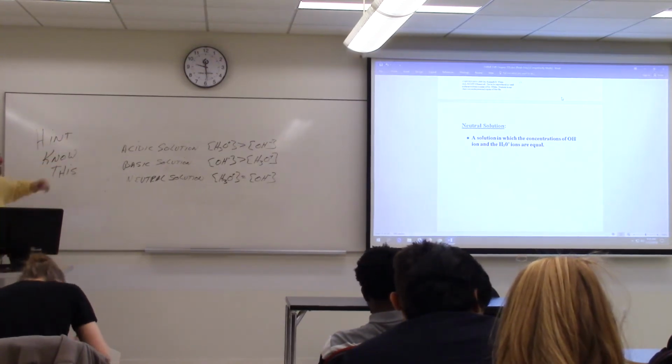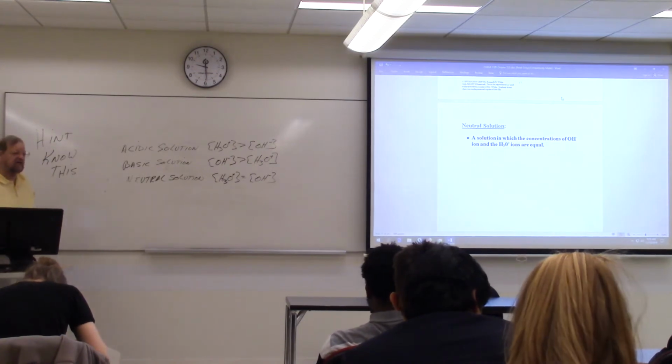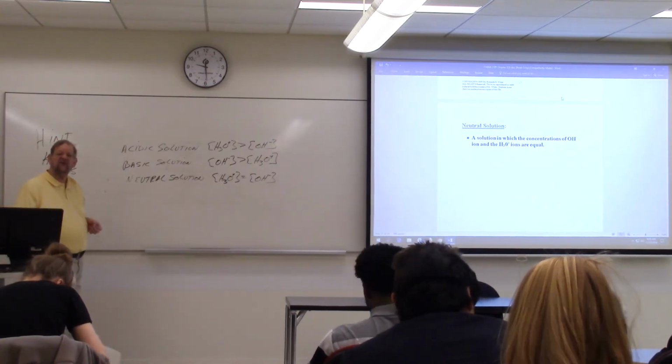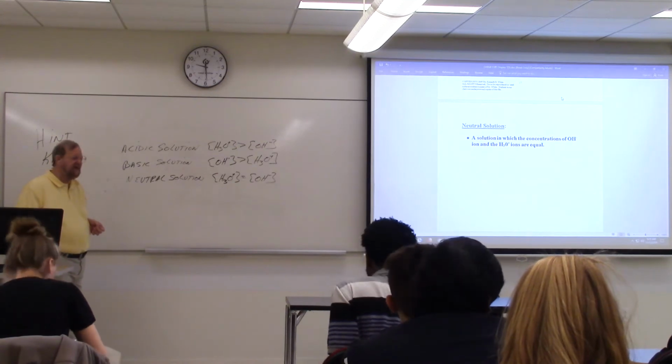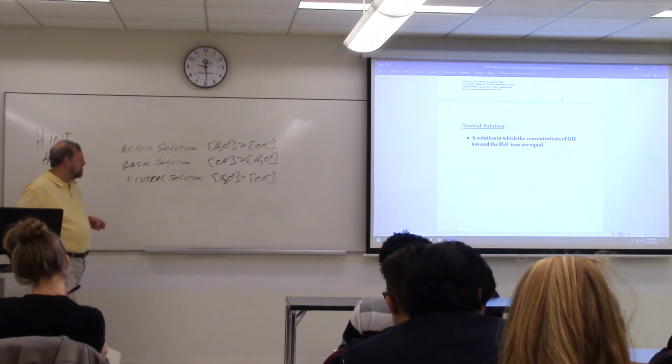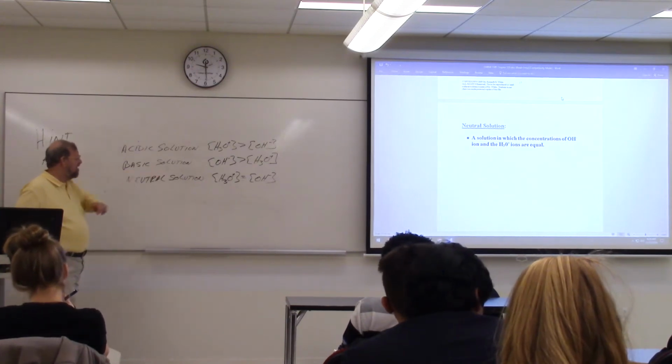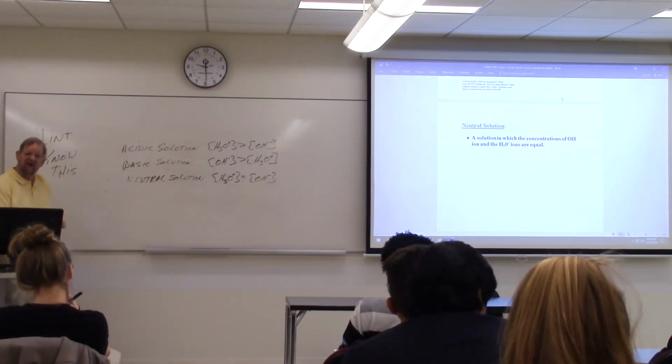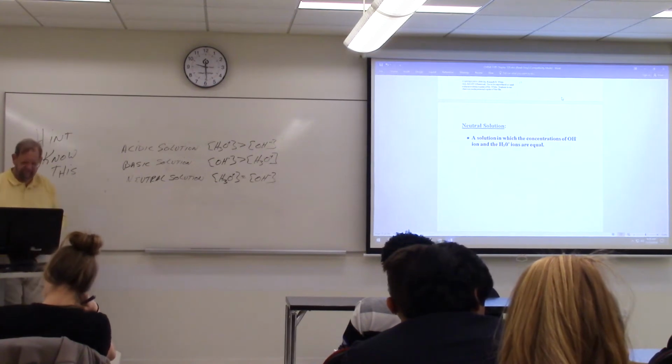So acidic, you have the hydronium ion concentration greater than the hydroxide. Basic, you have the hydroxide greater than the hydronium. And then when they're equal, we call that neutral.